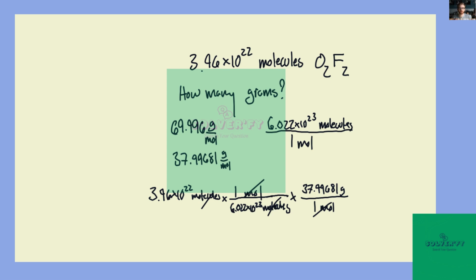And all told, I get the answer of 2.4986 grams. And if I want to round this to the correct number of sig figs, which in this case would be 3, I get 2.50 grams.